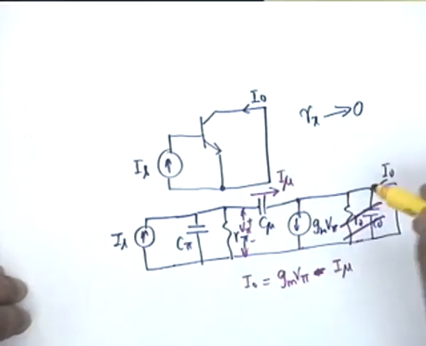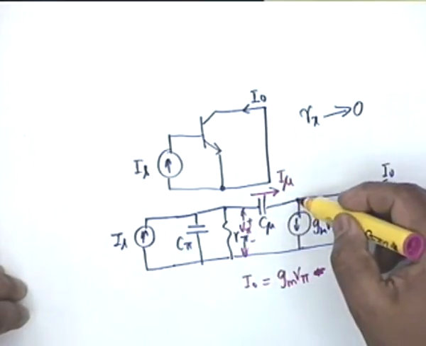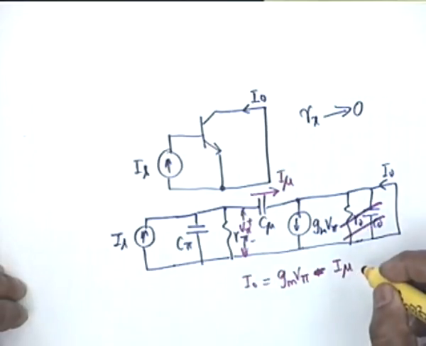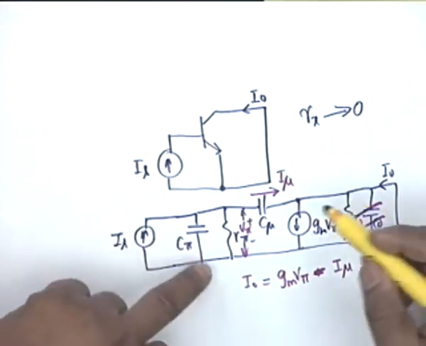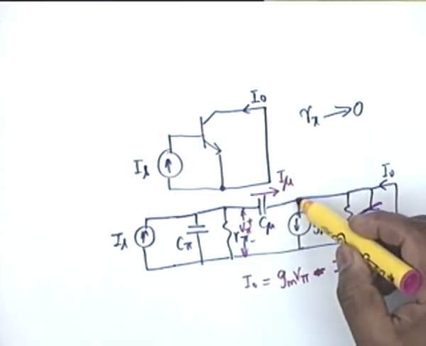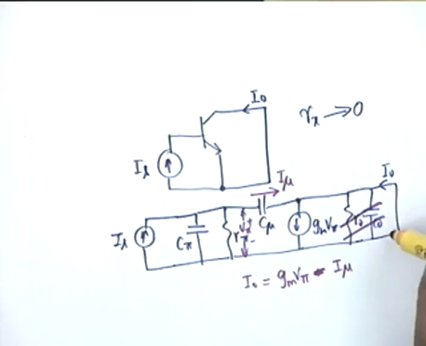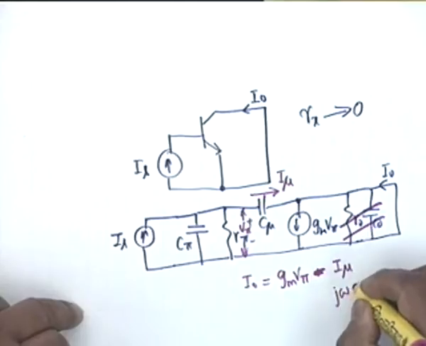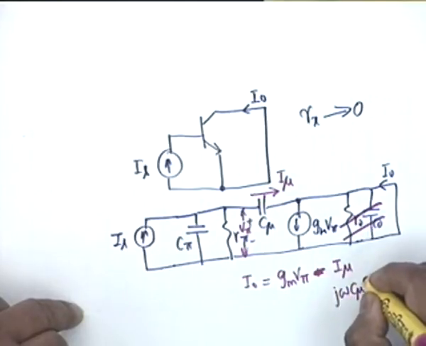At this node, I0 should be equal to gm V pi minus I mu. And what is I mu? What is the potential of this point? Zero, because it is short circuited. So the current I mu should be simply equal to j omega C mu V pi.